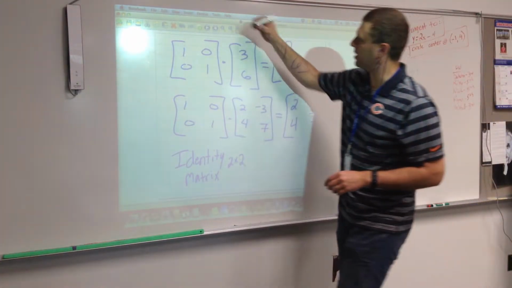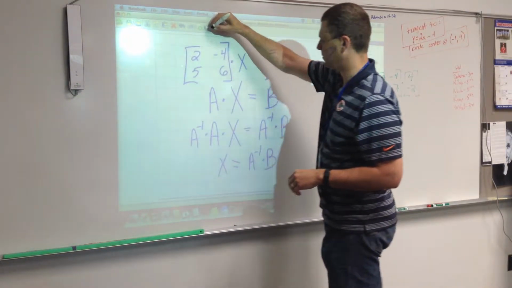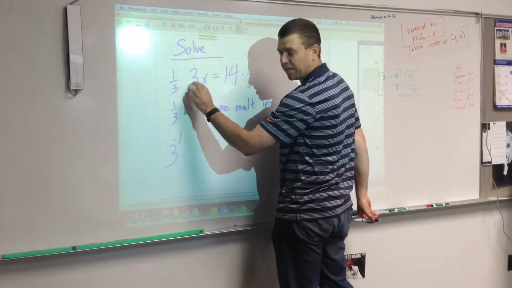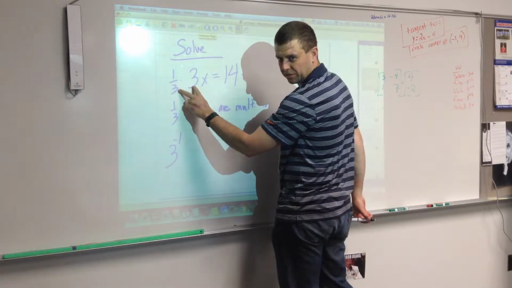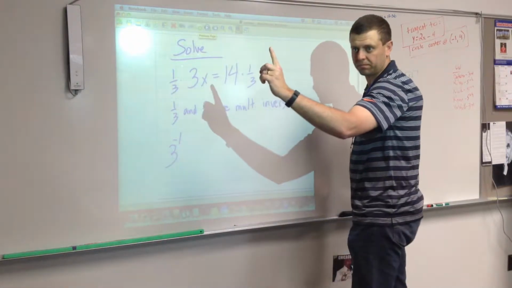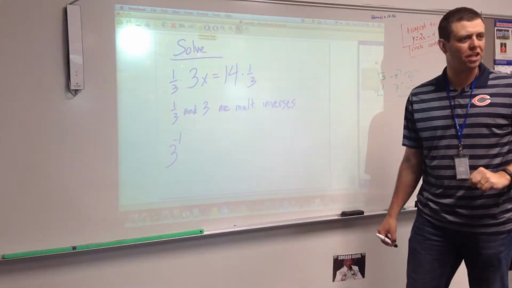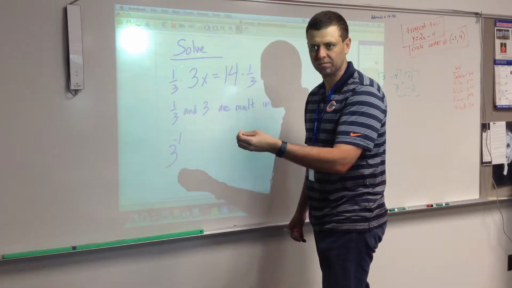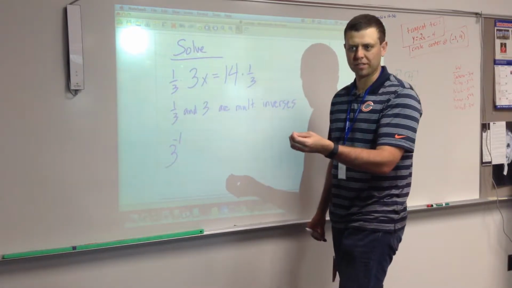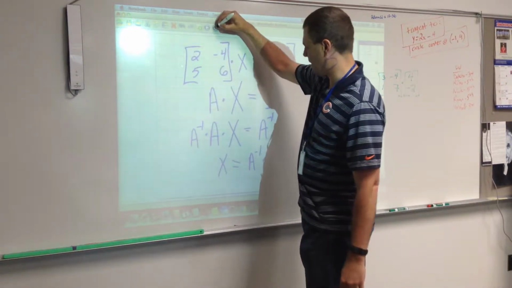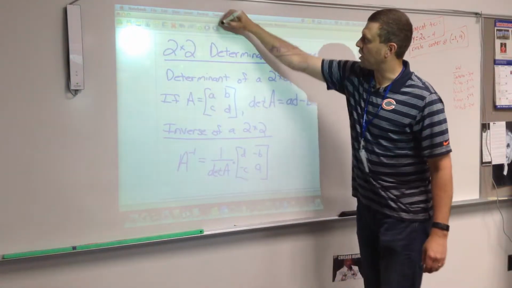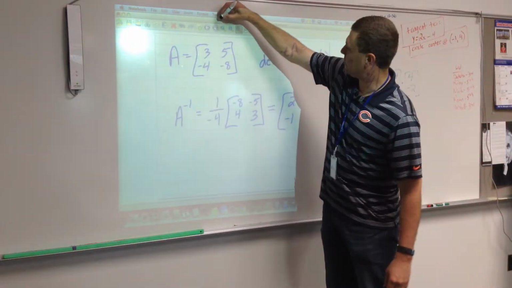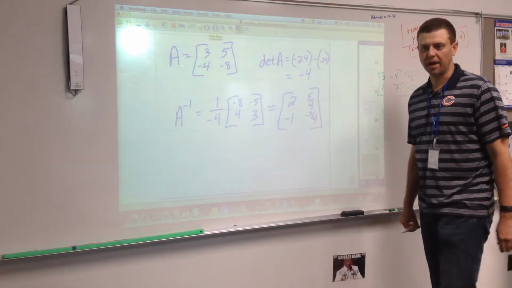Now, I want to go back a little bit. When I take a number times its multiplicative inverse, I get the number 1, right? So guess what you're going to get when you take a matrix times its inverse? The identity matrix. It would be a way to check your answer as being correct.